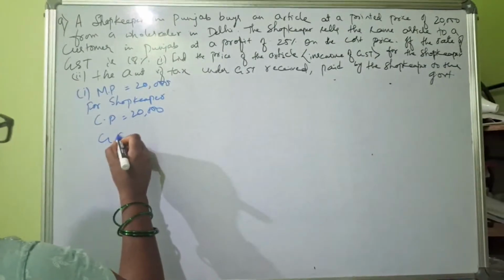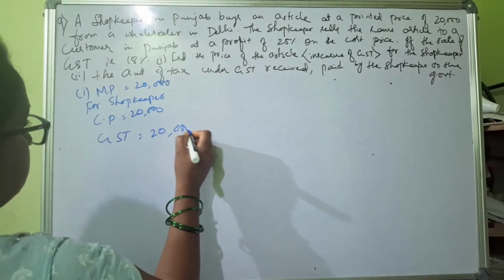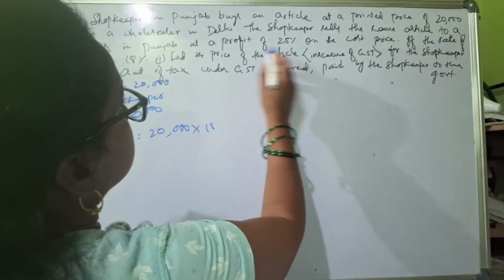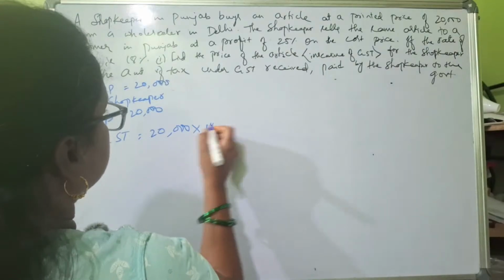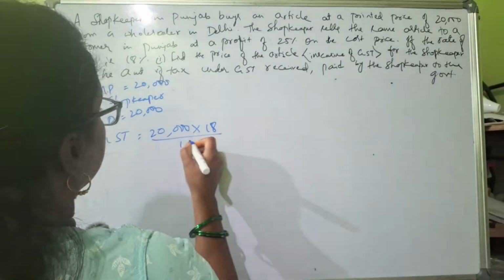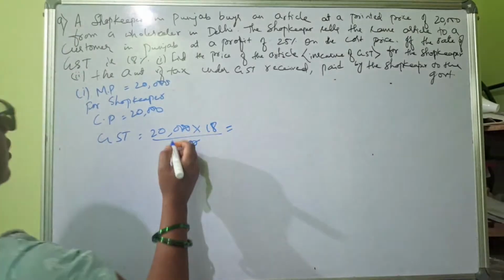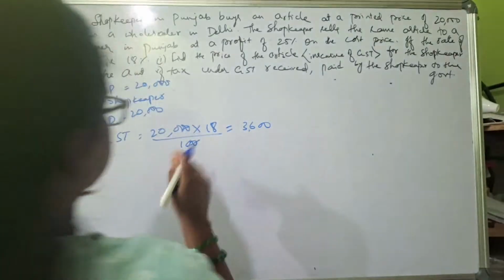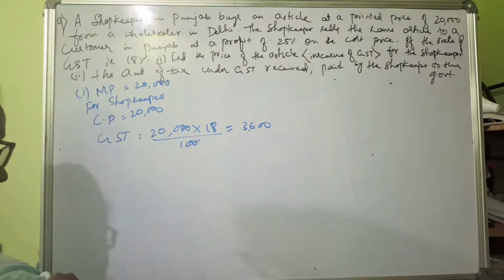We have to find the GST for this 20,000 amount into 18%. GST given is 18%, which is equal to 3,600. 3,600 is the GST amount for the shopkeeper.